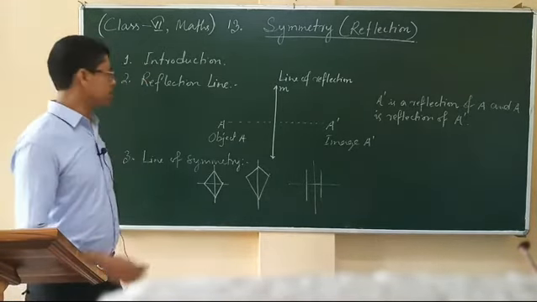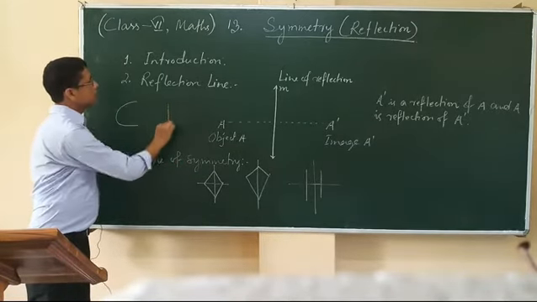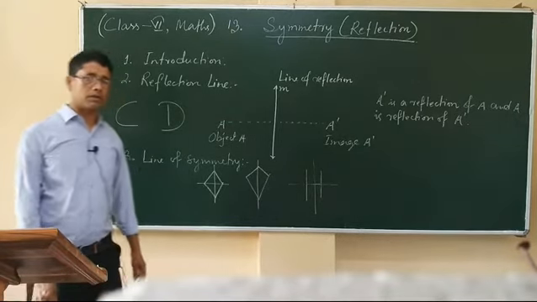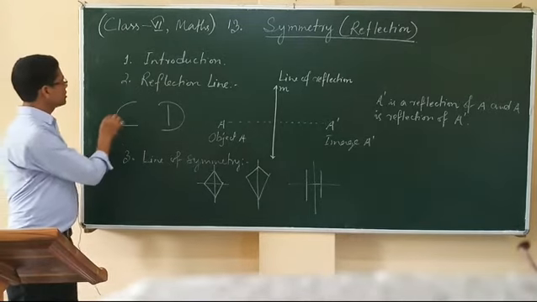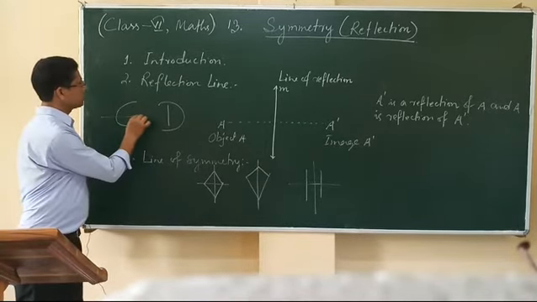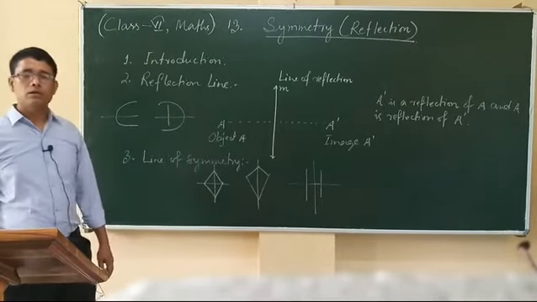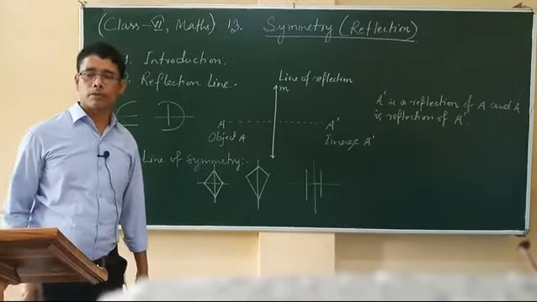You can just imagine how we write C and D. In how many ways can we divide these alphabets into two identical halves? There is only one way, that is horizontally. So C and D have a horizontal line of symmetry.